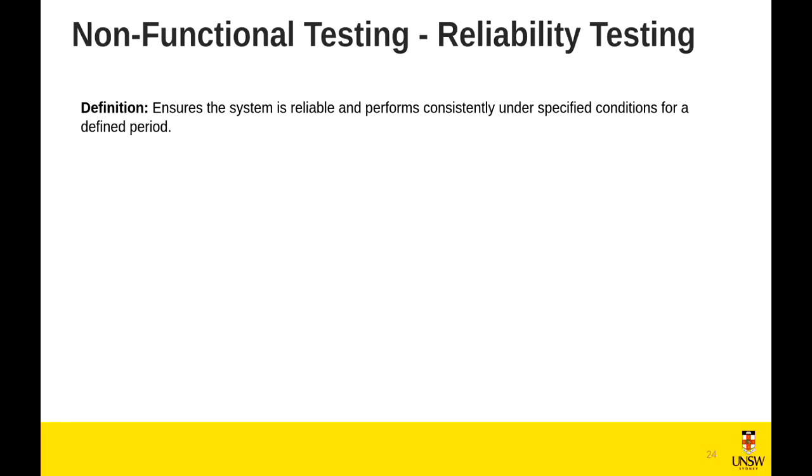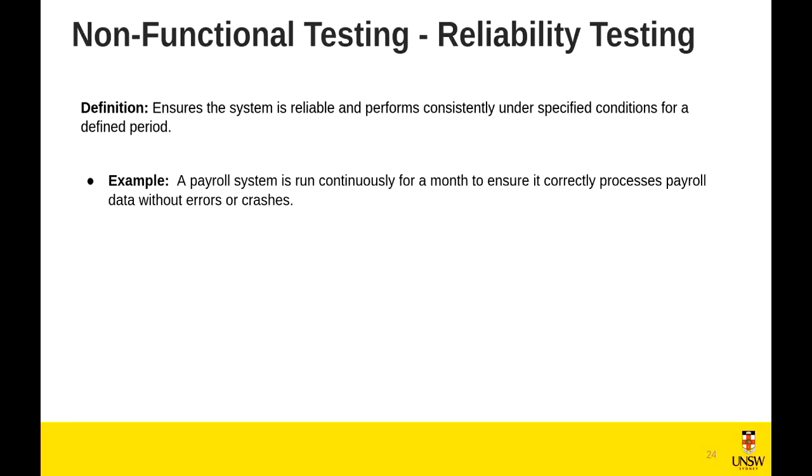So reliability actually deals with all the previous properties we have learned, like availability, usability, and performance. The key thing here is that we want to observe the behavior or the performance of this system for a period of time.